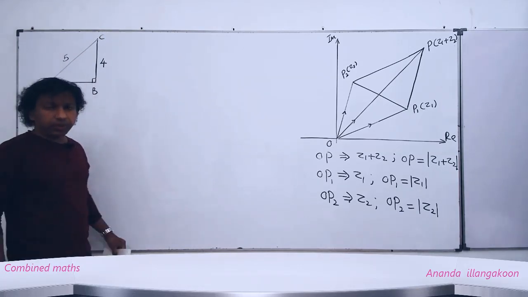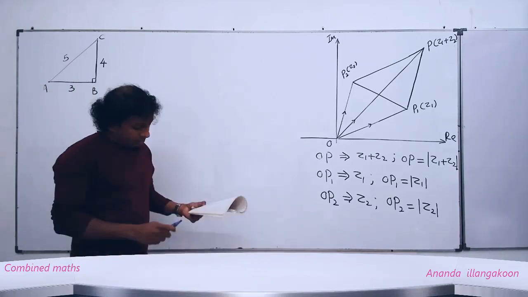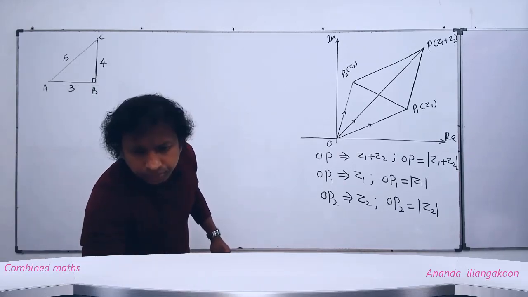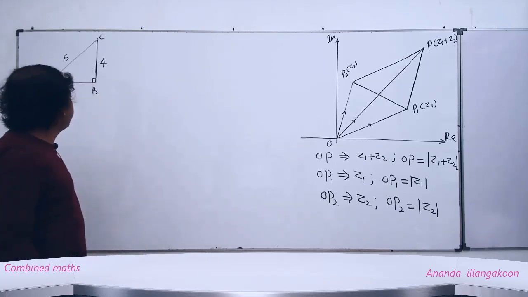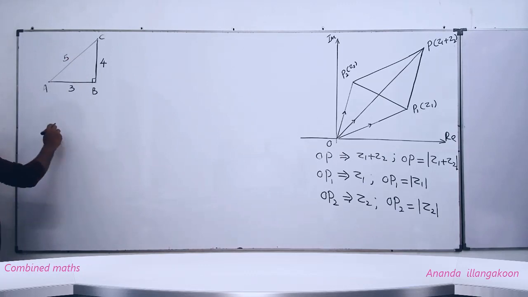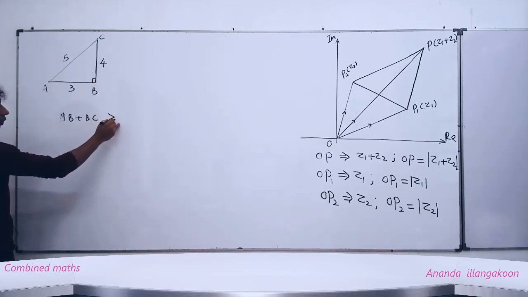When we consider any triangle, the sum of any two sides is greater than or equal to the third side.